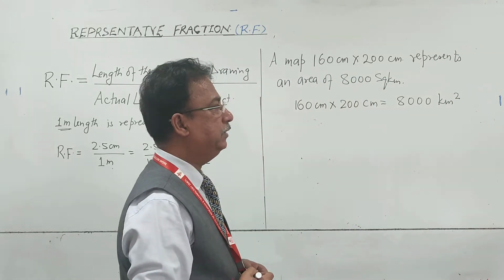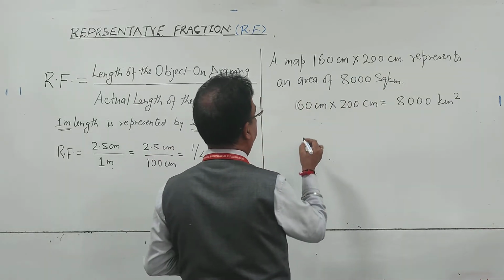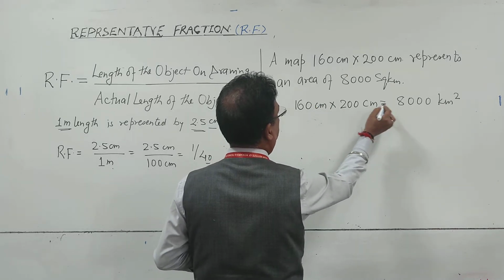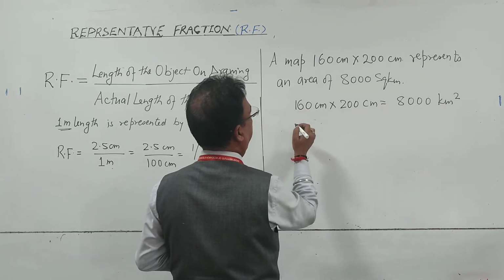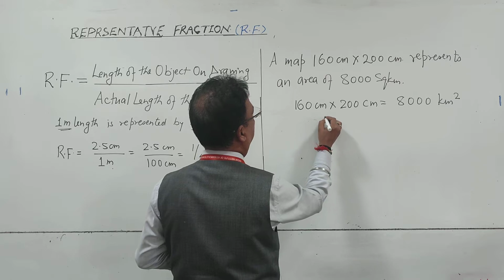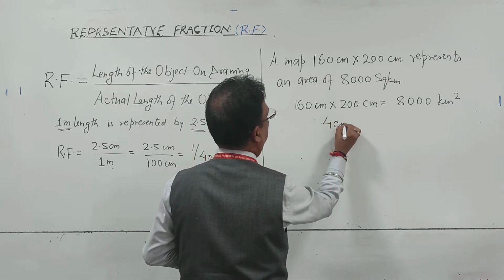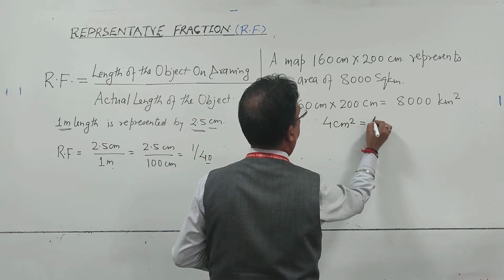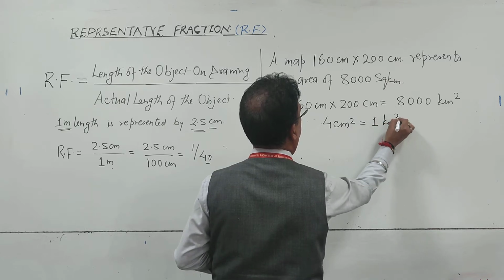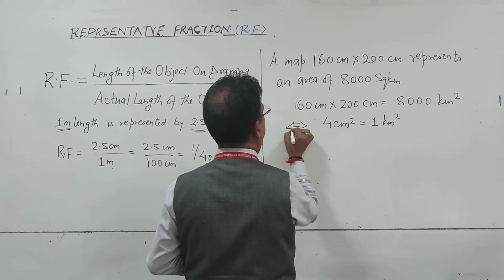For solving this, initially we can easily cancel out these 3 zeros and 16 divided by 8 will be 2. So this will come as 4 centimeter square equals 1 kilometer square. So this is the proportion.